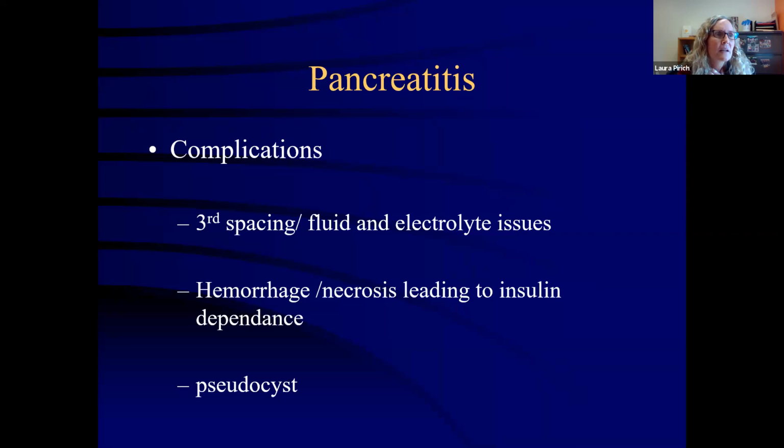We've had a couple of patients that have had pancreatitis that now essentially are insulin dependent diabetics because their pancreas just doesn't work anymore. Pancreatitis is one of the indications for not giving someone asparaginase again because pancreatitis is a life-threatening complication. And then as I have on there, also pseudocyst.